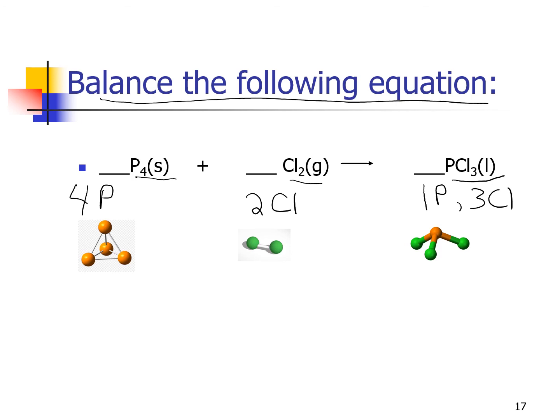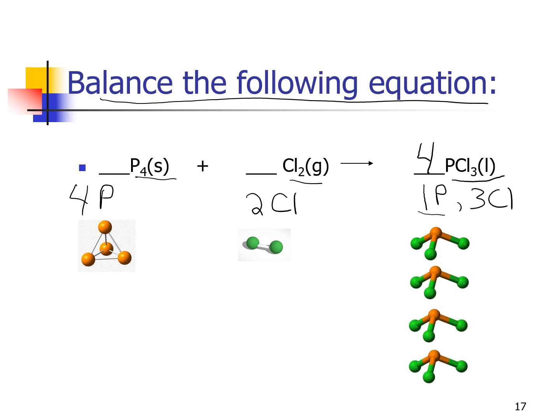So we can see that our reaction is not balanced because we have 4 phosphorus in our reactants and only 1 phosphorus in our product. So in order to balance that, we'll add a coefficient of 4 in front of phosphorus trichloride.